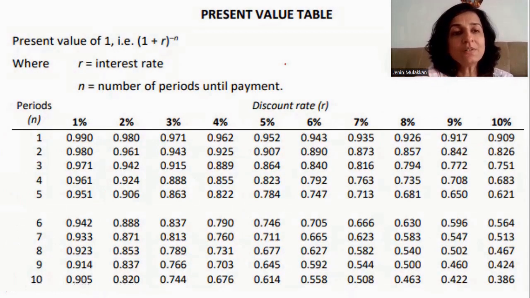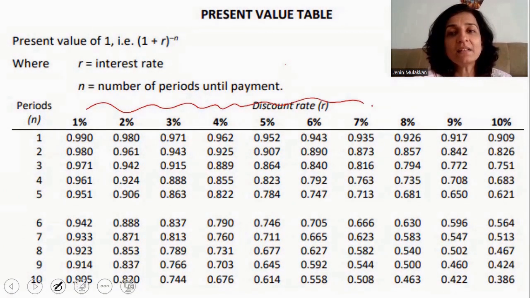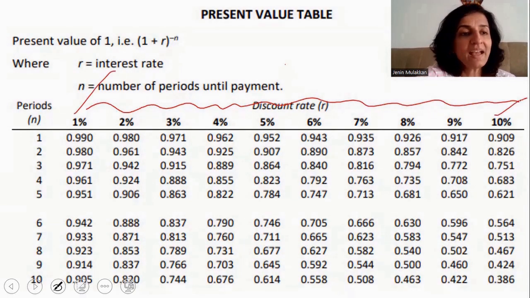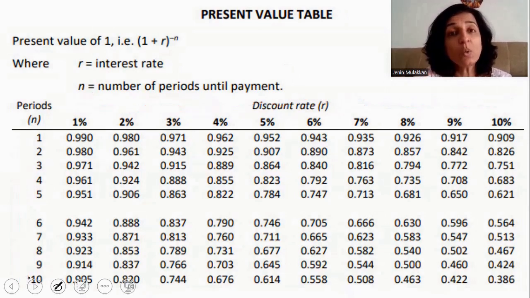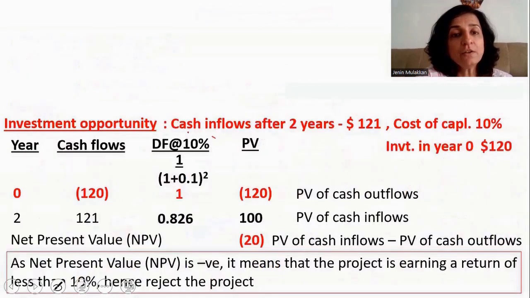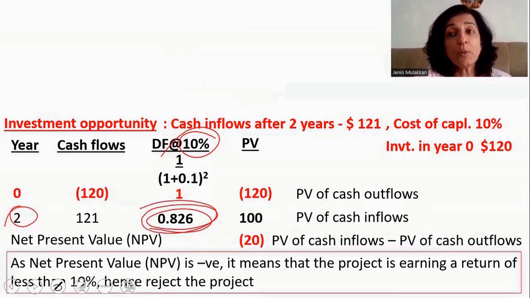In the present value table, the column headings are the rate of interest and the row headings are the number of years. In the question that we had tackled, rate of interest was 10% and the year was 2. And we got the calculated answer as 0.826. Let's see whether this is the same figure that is given in the present value table.